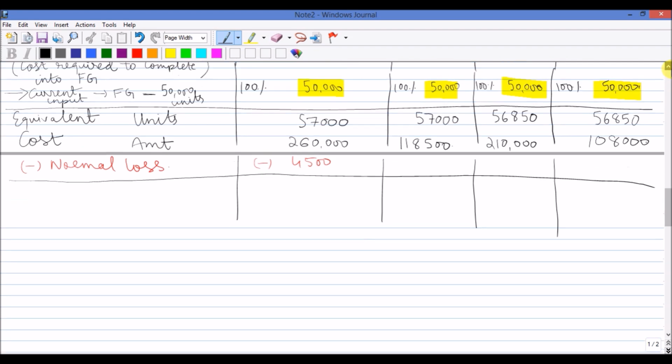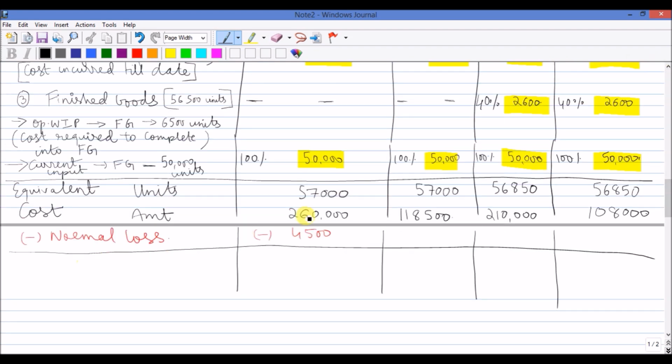So we are going to do 2,60,000 minus 4,500, which gives me 255,500. This is the same thing, 118,500. Then we have 2,10,000, and then we have 1,08,000.